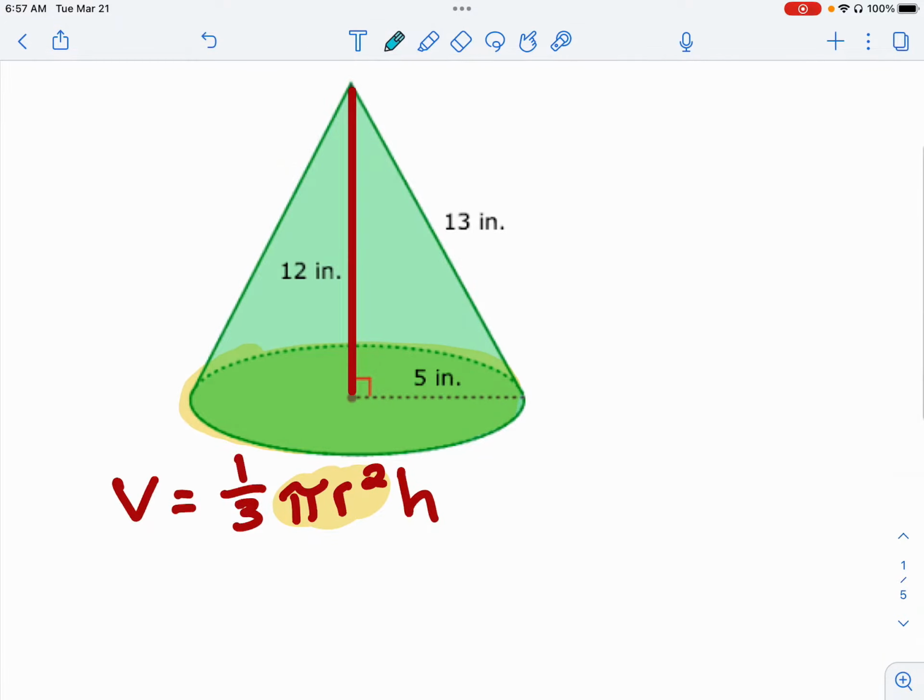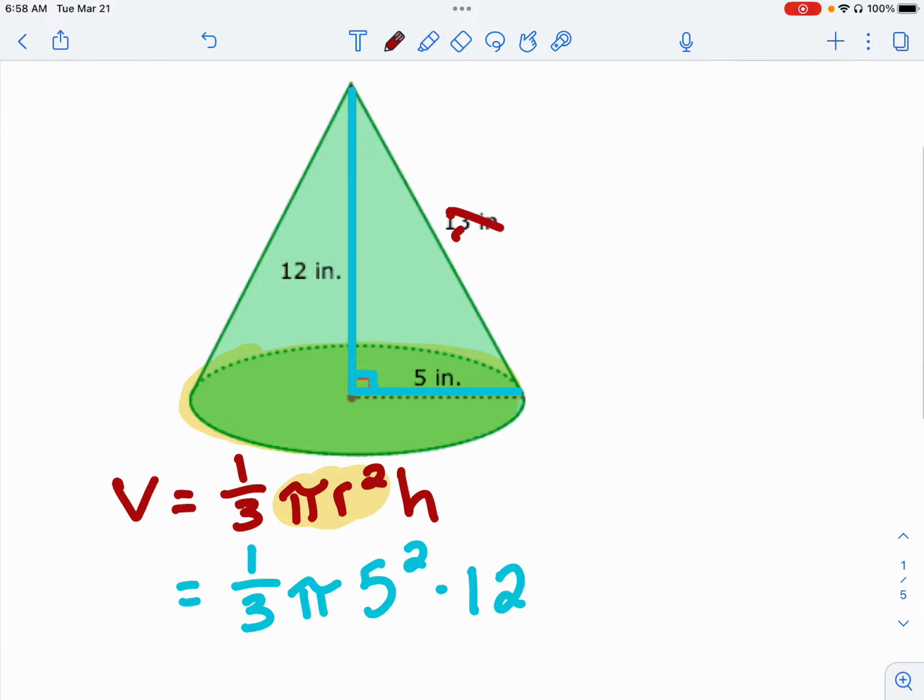So let's plug in our important numbers here. Our radius was given to us is 5. We square that, and then we times it by the height, which remember, height, again, is perpendicular, given by that perpendicular line there. It is not this 13 inches off to the side.